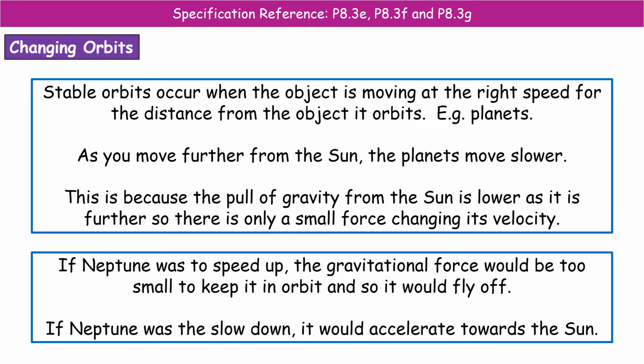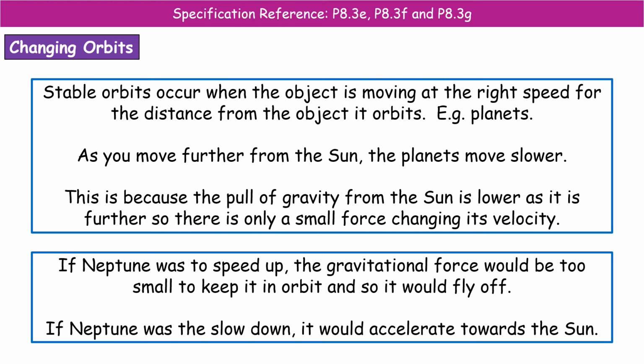And the reason for this is all down to good old gravity once more. Because the further from the sun we are, the lower the pull of gravity will be. So what we find is that there's only a small force changing the velocity of that individual planet. So as a result, it moves at a slower pace.